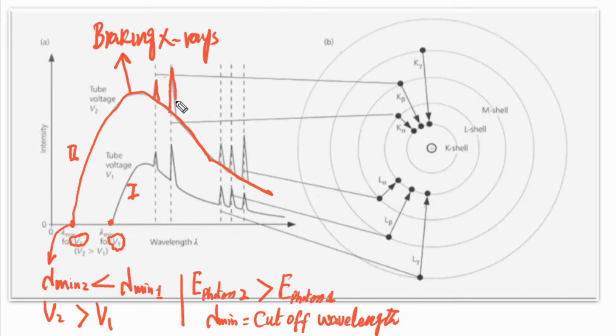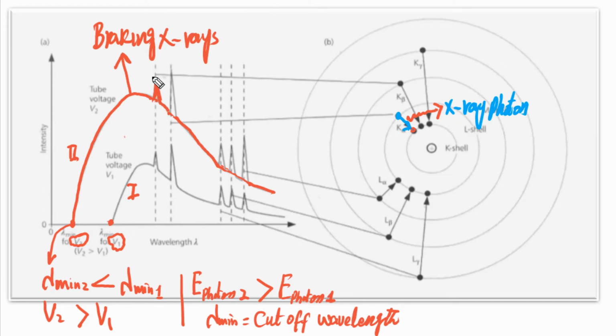These spikes are produced if coming electrons hit electrons in the target. Let's say they hit this electron. If this electron is removed, then an electron from a higher energy level will come to fill this empty space. When this electron jumps from a high energy level to a lower energy level, it releases energy in the form of an X-ray photon.